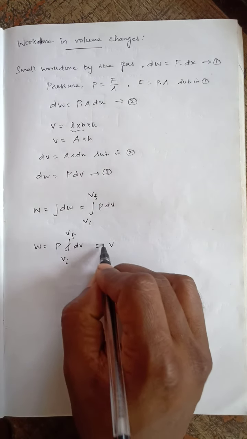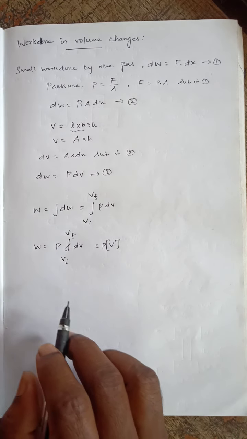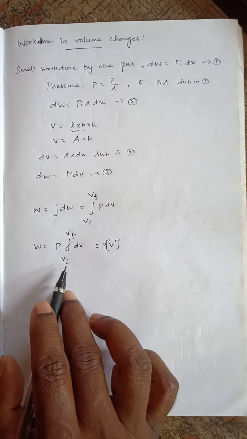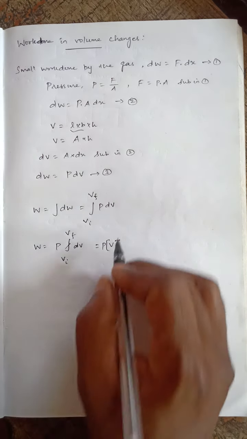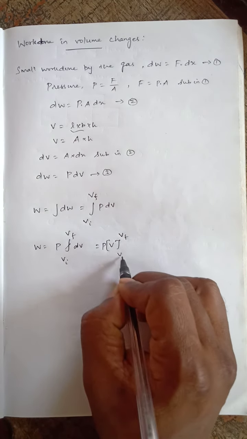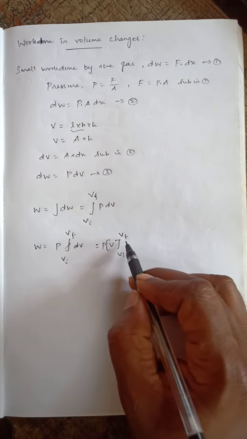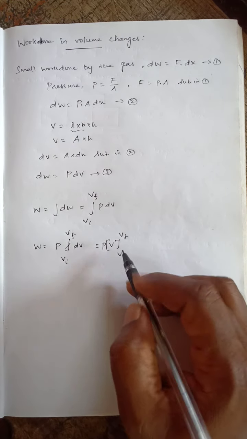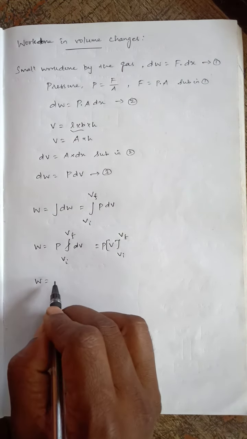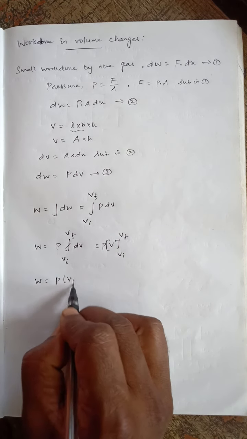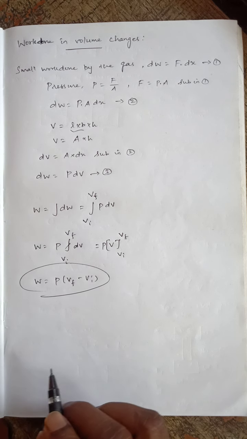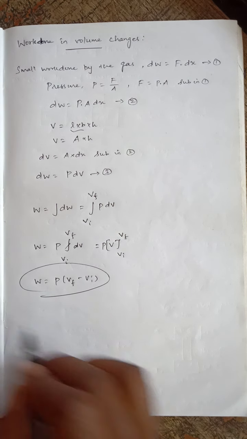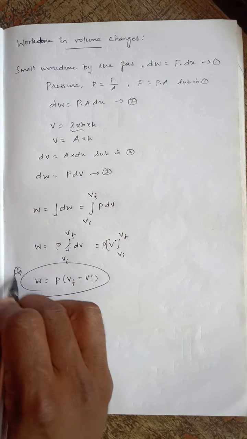So pressure into V. After integration we put the limits on this value: Vf and Vi, upper limit minus lower limit. So we get W is equal to P into (Vf minus Vi). This is the general formula for work done when the volume changes. It is a very important formula, keep it in mind.